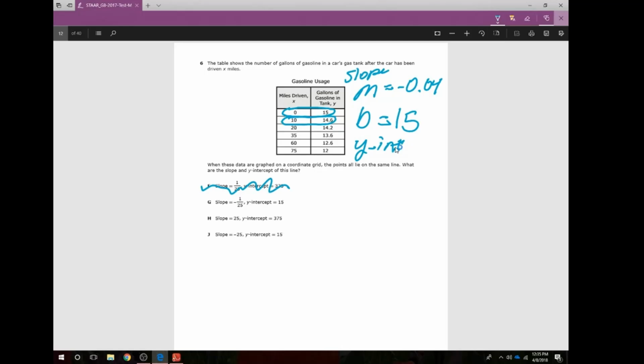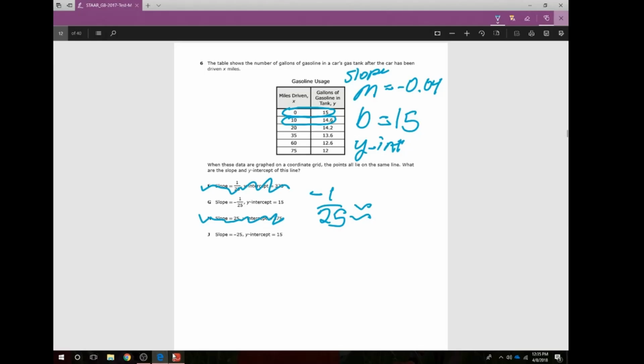Let's look at choice H. Choice H does also not have a y-intercept of 15, so it's not that. So my choices are between G and J. The problem is I don't see a slope of negative 0.04, so I'm going to change negative 1 over 25 in my calculator. I want to see what it equals.